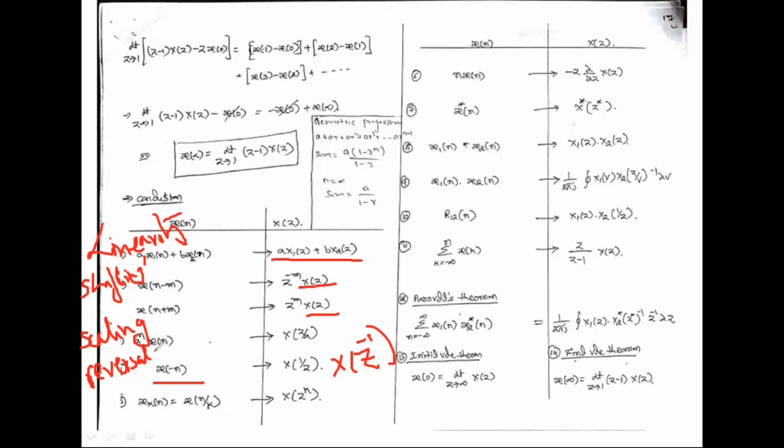The scaling applied in a power n times x of n is amplitude scaling. Here the time scaling occurs in the z domain. But if I am taking x of n by k here, you see n by k gives the z power k value. So no need of this one, you can remember.